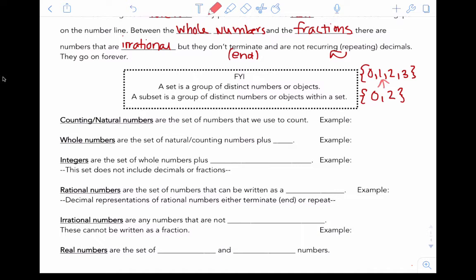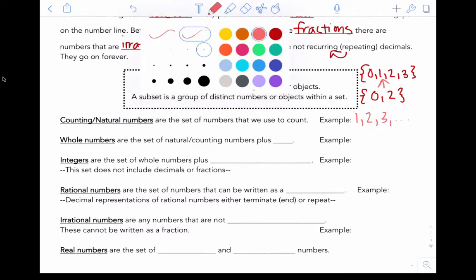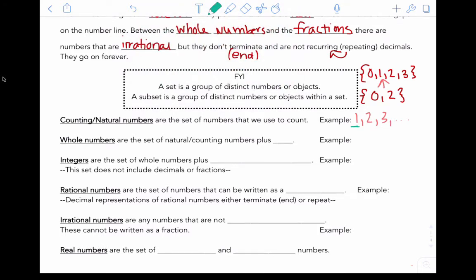Now there might be other numbers that we use when we count sometimes, but typically, if I were to say count to 10, you would go 1, 2, 3, 4, 5, 6, 7, 8, 9, 10. So my example of counting or natural numbers is going to be 1, 2, 3, and so on. My lowest counting number is 1.